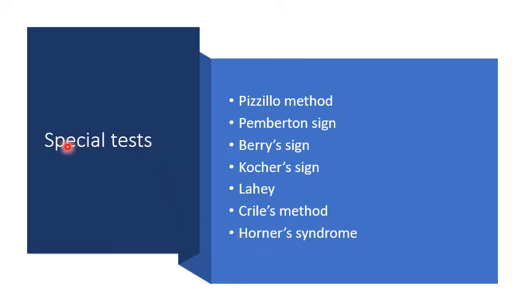The special tests which I mentioned include the following: Pizzillo's method, Pemberton sign, Berry sign, Kocher sign, Lahey's maneuver, Crile's method, and Horner syndrome. So these are all important special tests that must be carried out. It's a special examination that must be carried out on patients with a cervical lump, especially if you're thinking it is a thyroid lump.